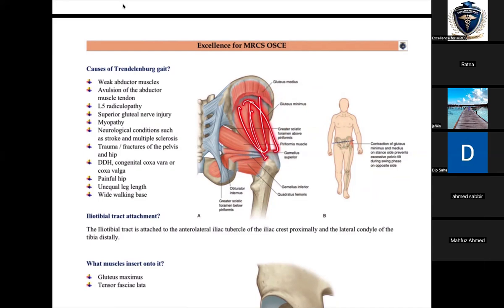No. Loss of contractility, ultimately that won't be able to stabilize the hip joint. So if it fails to stabilize the hip joint, what will happen? Ultimately this side, the affected side, will be sagging down, because it was prevented previously on the opposite side by the intact superior gluteal nerve. Am I clear to you guys?